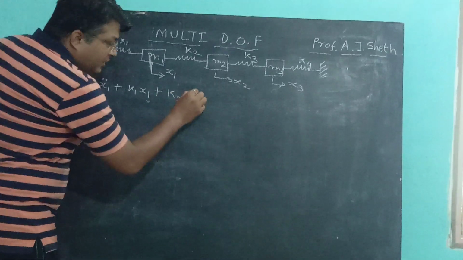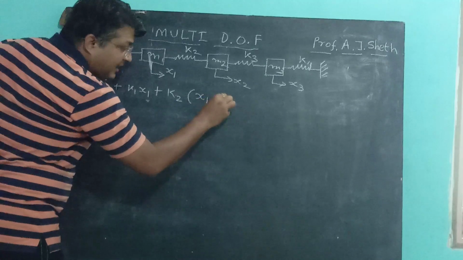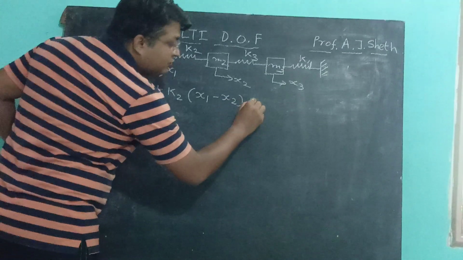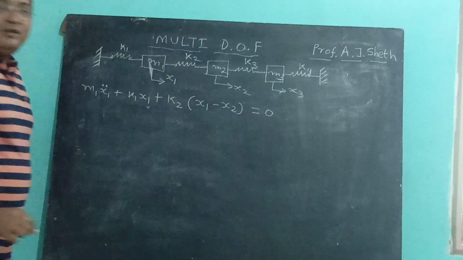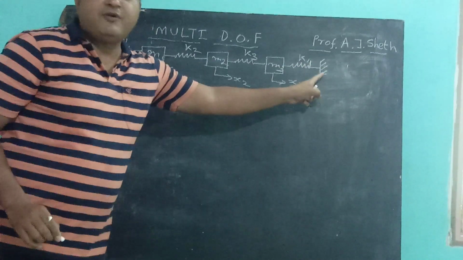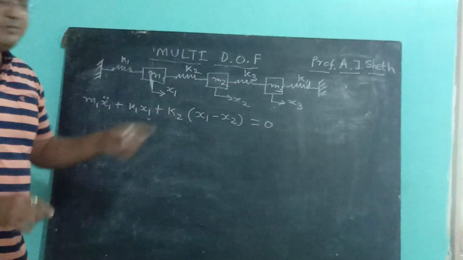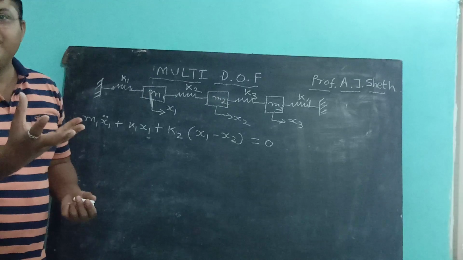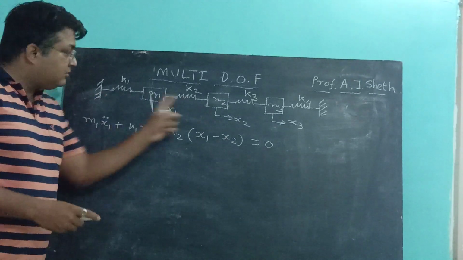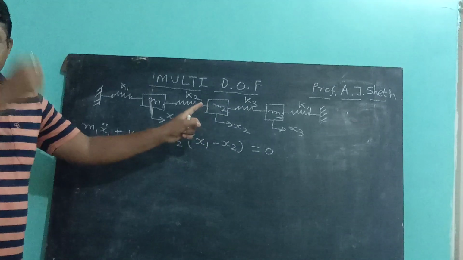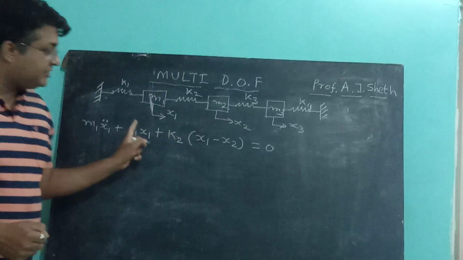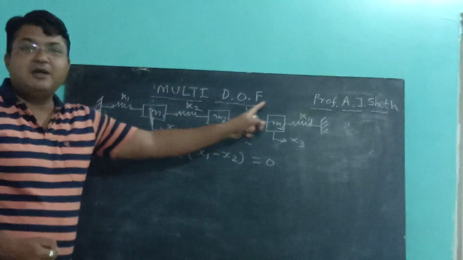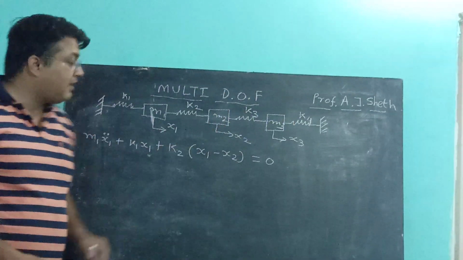So K2 into (x1 minus x2) is equal to 0, as no external force is offered. The system is displaced once and then left. So we are not offering a consistent force at a specific frequency, so it is a free vibration case. So we are understanding free vibration multi-degree of freedom cases.